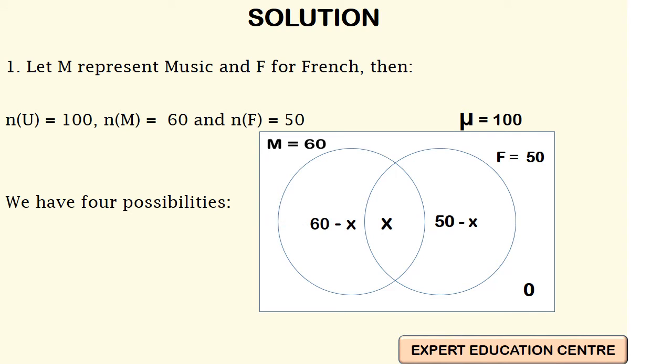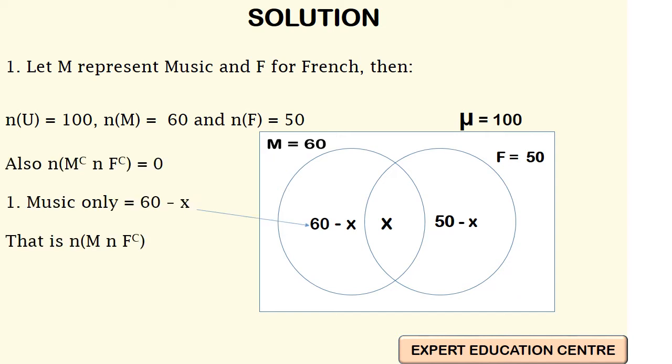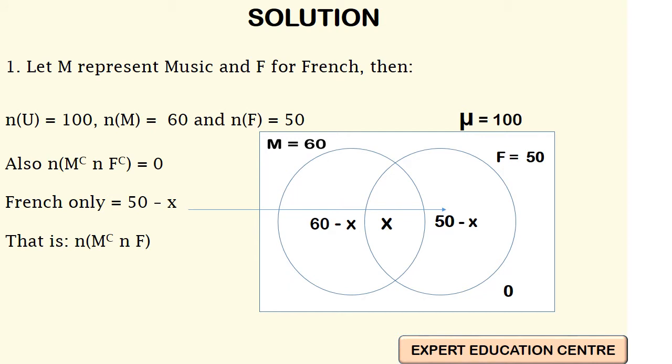We therefore have 4 possibilities. These possibilities are: 1, number of students that offer only music, 60 minus x. 2, number of students that offer only French, 50 minus x. 3, number of students that offer both courses, x. And 4, number of students that offer neither of the two courses, 0.